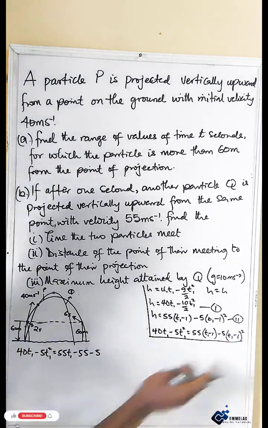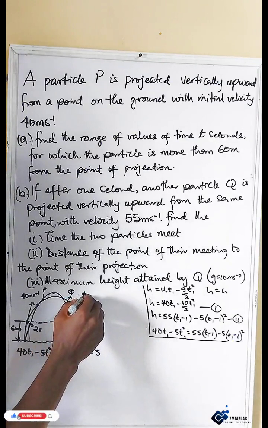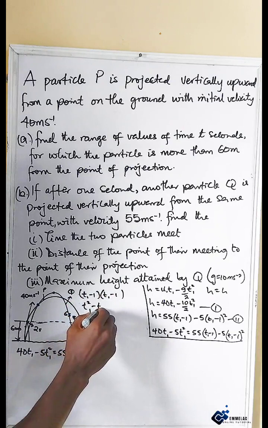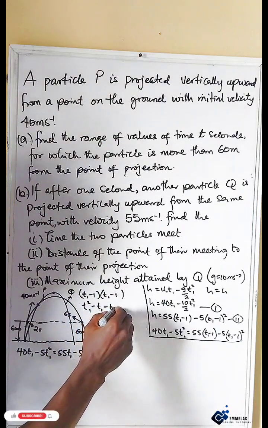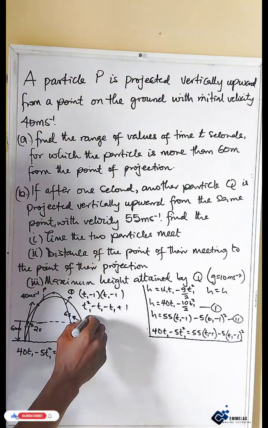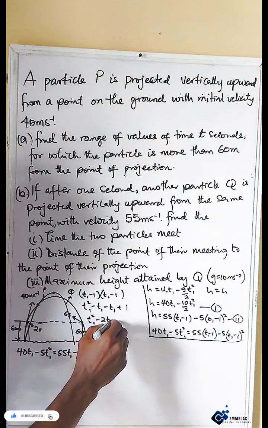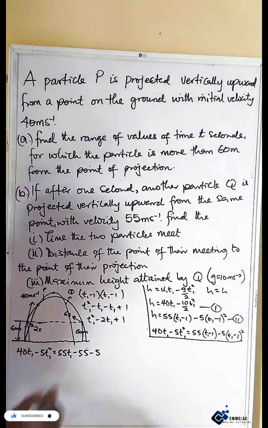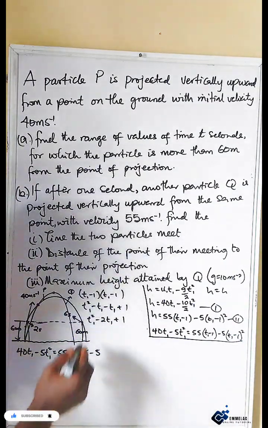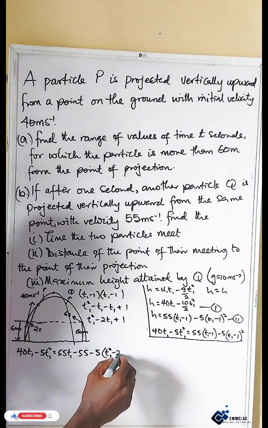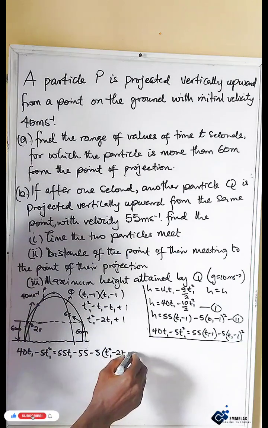Now opening this bracket here, T1 minus 1 times T1 minus 1, so this will be T squared 1 then minus t1 minus t1 then plus 1. So here you have t squared 1 then minus 2t1 then plus 1. Which means the whole of this expansion becomes t squared 1 minus 2t1 plus 1.